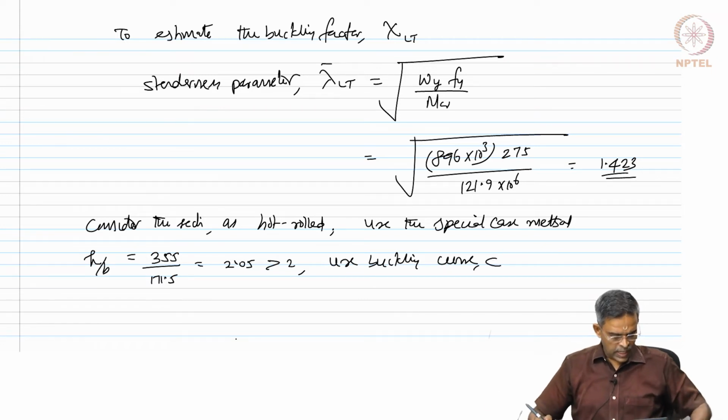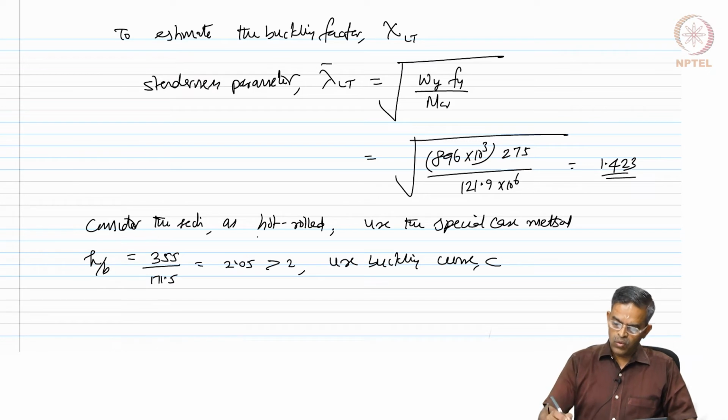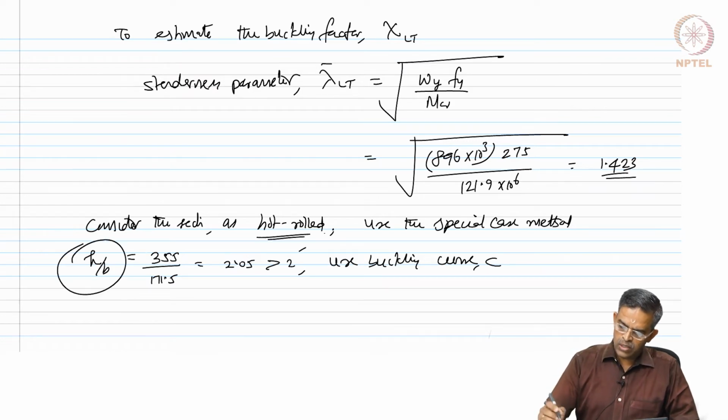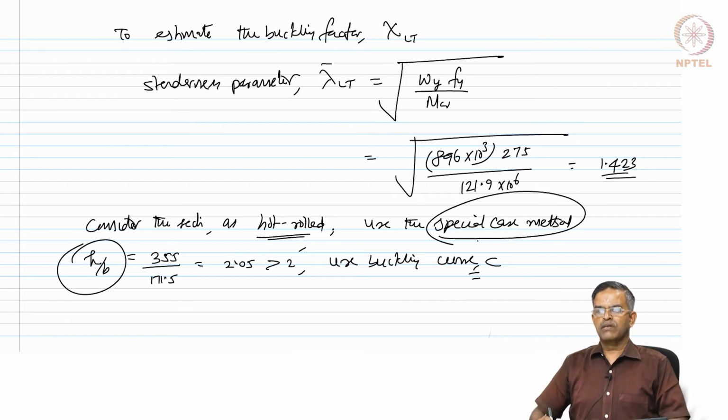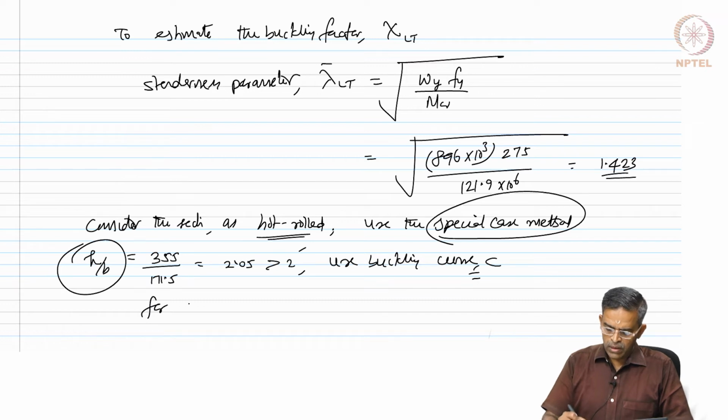We have seen this in the last lecture. For rolled section, for H by B more than 2, what buckling curve we should use in the special case method. Please refer back to your notes. Now, from the buckling curve C, we can directly find alpha LT as 0.49.